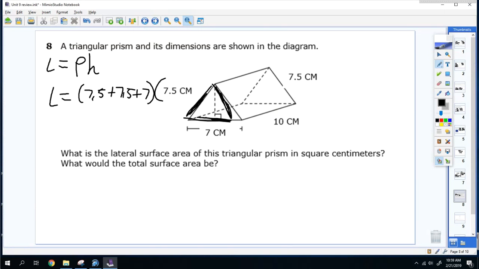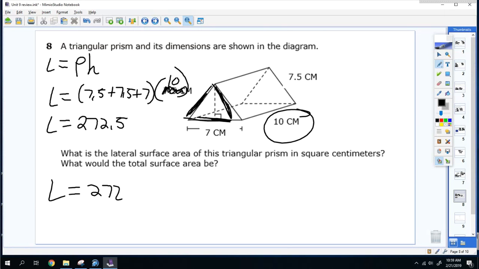So the height of the prism, cross this off so it doesn't get confusing, is 10. Because the 10 is what makes the prism be 3D. It makes it a prism. So you're going to do 7.5 plus 7.5 plus 7 times 10, which comes out to 272.5. So my lateral will be 272.5.